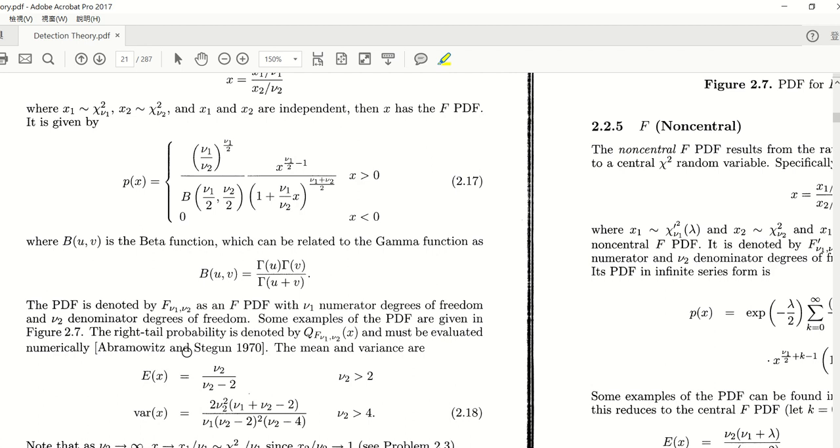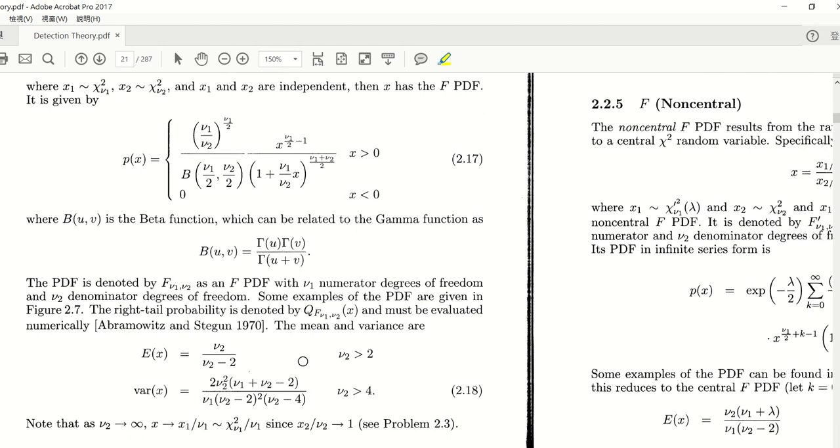It can be evaluated with some numerical approaches. If you recall, some years ago when you were learning Newton's method, 牛顿法, or something like that, they are all in the category of numerical methods.